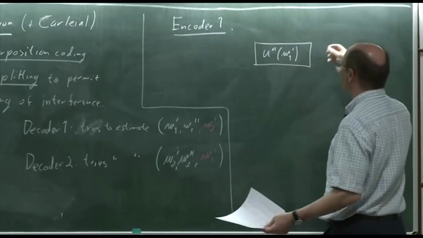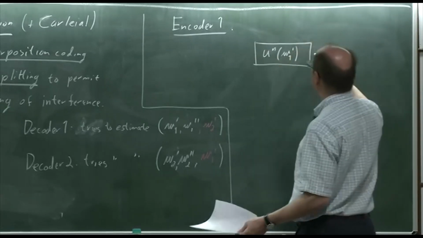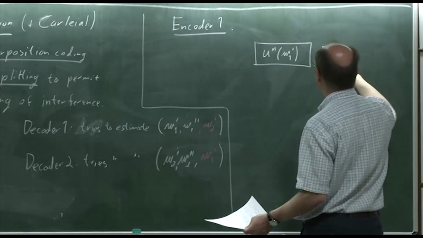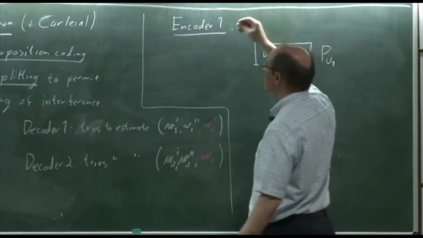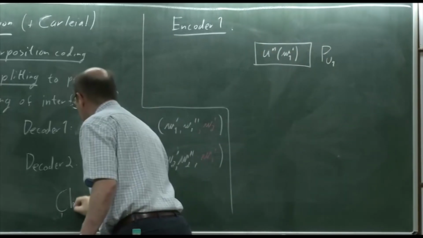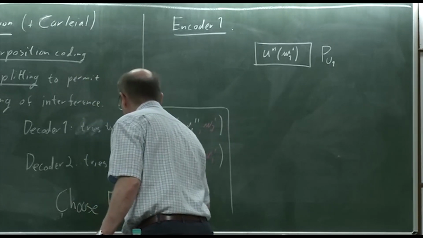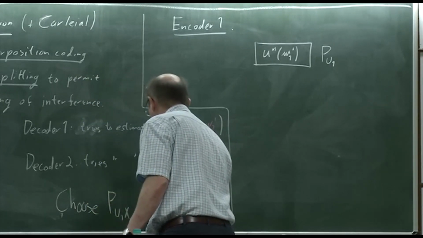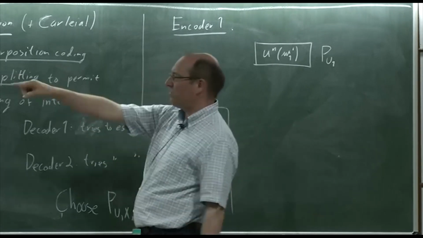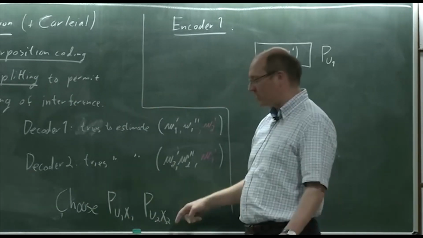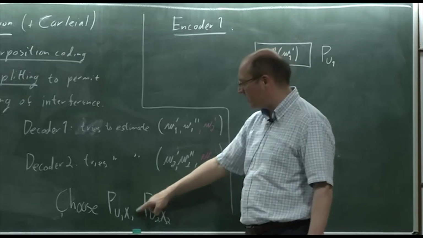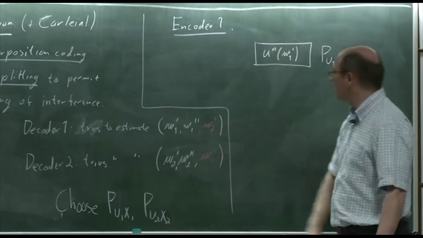We random code this using a distribution PU1. We choose PU1, PX1, PU2, PX2. Of course, X1 and X2 have to be independent, at least conditioned on a time-sharing random variable. Everything we do later, we can add a time-sharing random variable, but let's not do that for now.